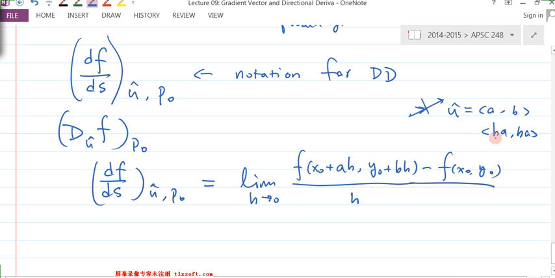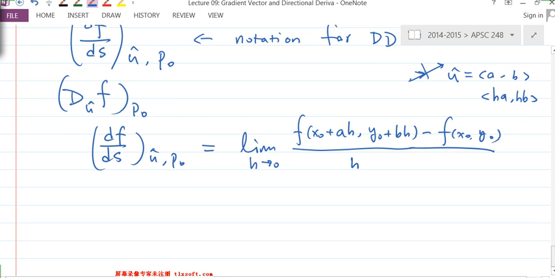It's a very small quantity h. Along the x direction there is a change of a times h, and along the y direction there is a change of b times h. So there's the limit concept here, and that's how you calculate the directional derivative.